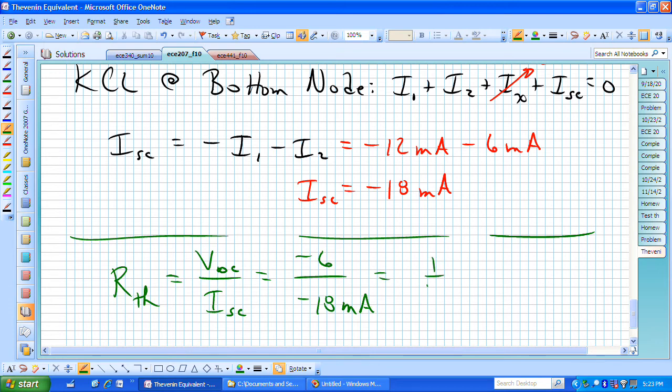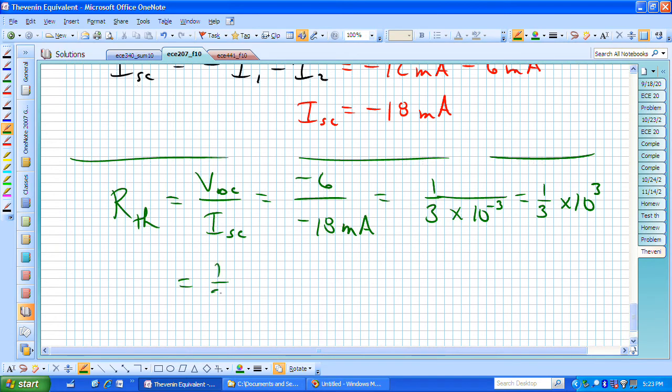And now the minus signs cancel. We can take 6 and factor that into 18. We can take the 10 to the minus 3 upstairs, and we now have this is equal to 1/3 K ohm for our Thevenin, or 333 ohms.